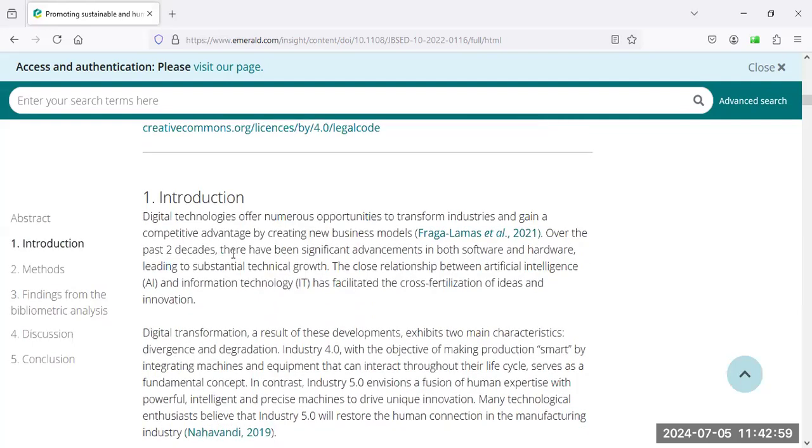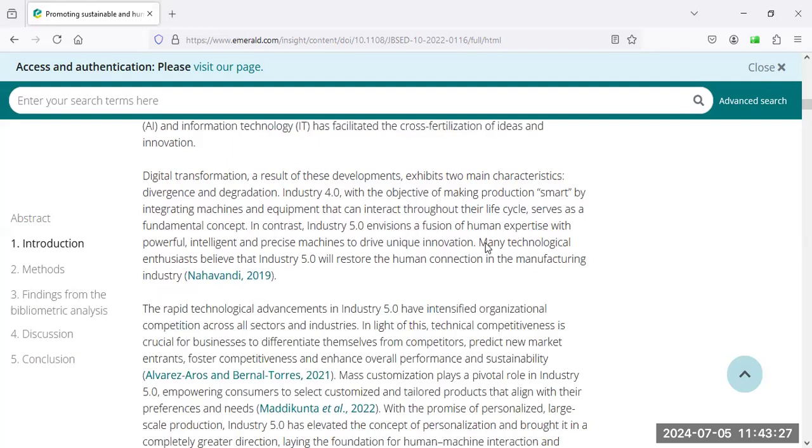So then I talk about how digital technologies offer numerous opportunities to transform industries and gain a competitive advantage by creating new business models. I mentioned Farha, Lamas, et al., 2021. This is a citation, right? This is not my idea. This is a citation because this idea is extracted from previous researchers. Like that, here again I talk about how many technological enthusiasts believe that Industry 5.0 will restore the human connection in the manufacturing industry, Nahavandi 2019.